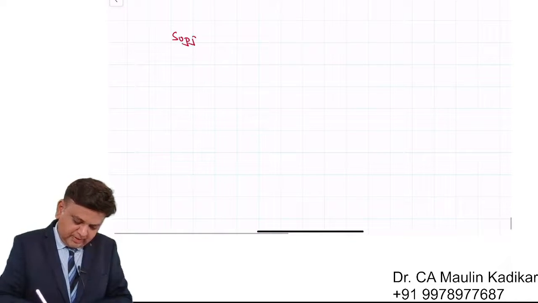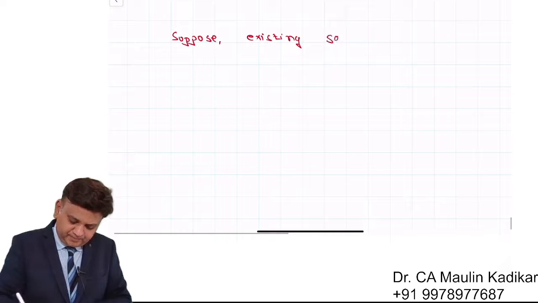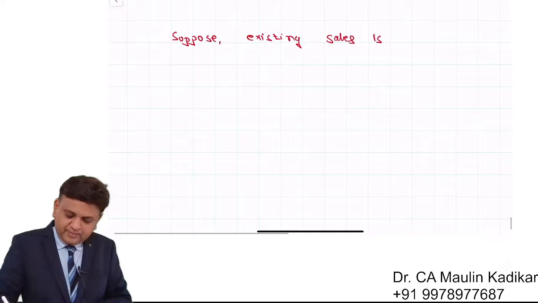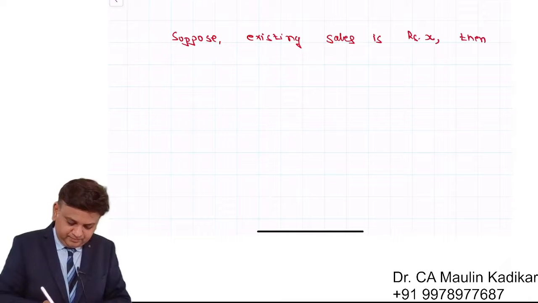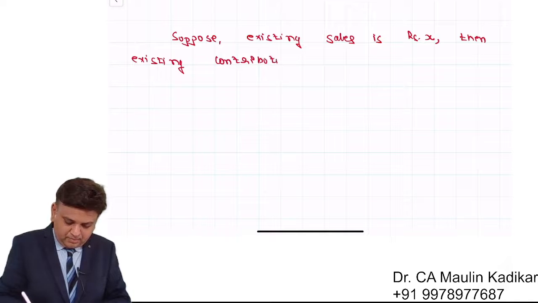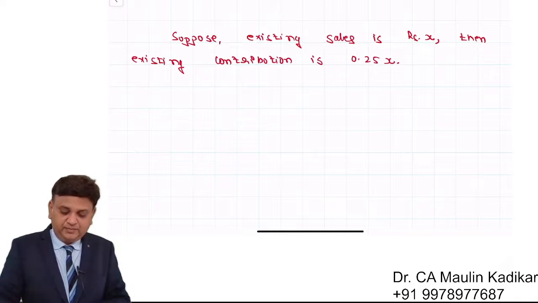Suppose existing sales is rupees X, then existing contribution is 0.25x.